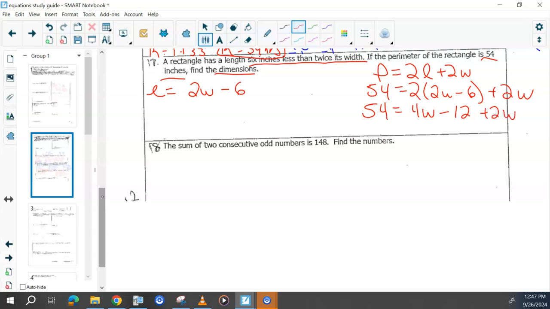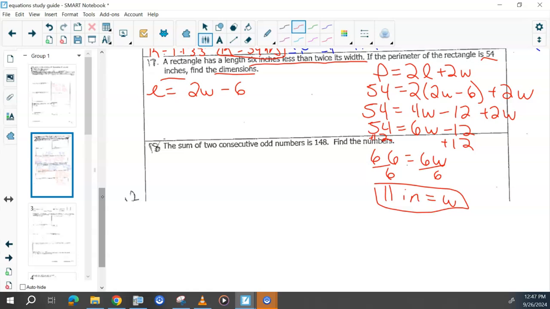So here we would combine our like terms, 4W and 2W, to get 6W. Get rid of 12 by adding. And divide both sides by 6. So that 11 inches, yes, is W. And that's one of our dimensions.